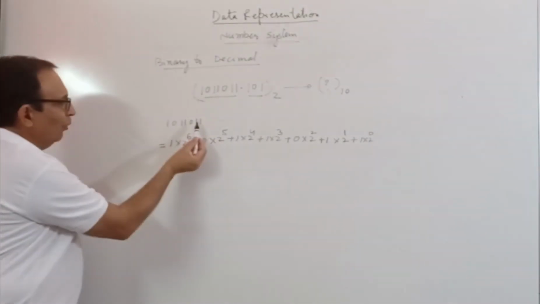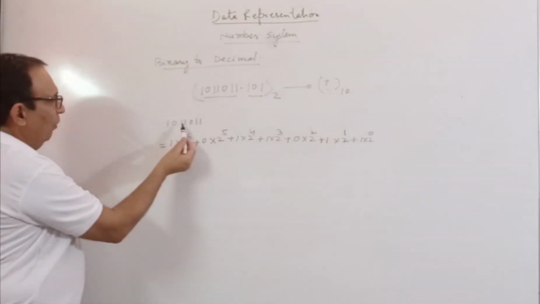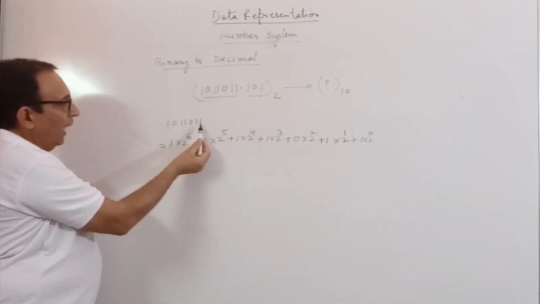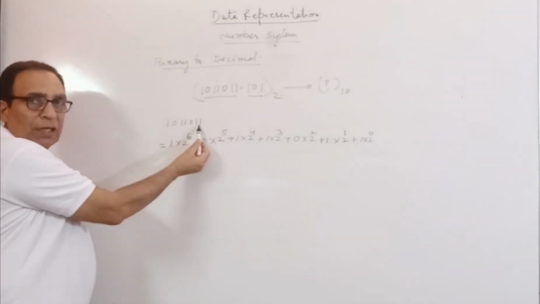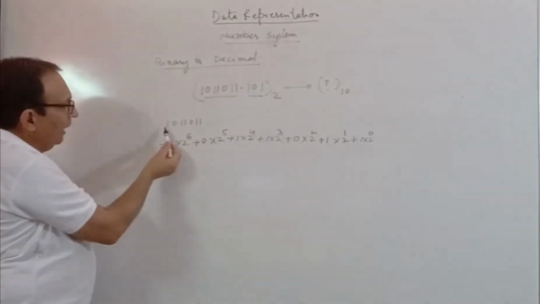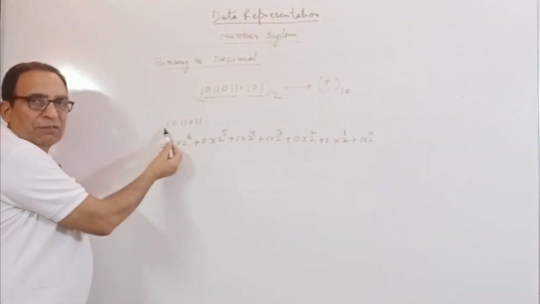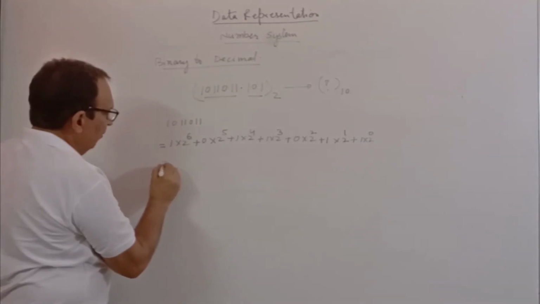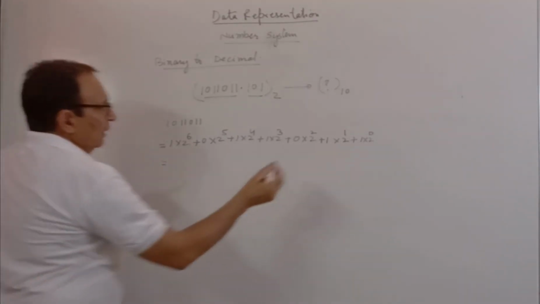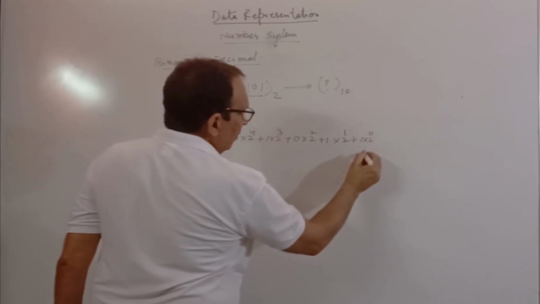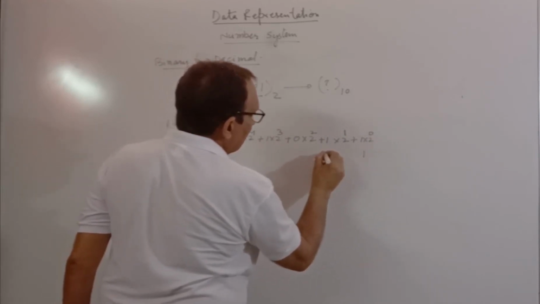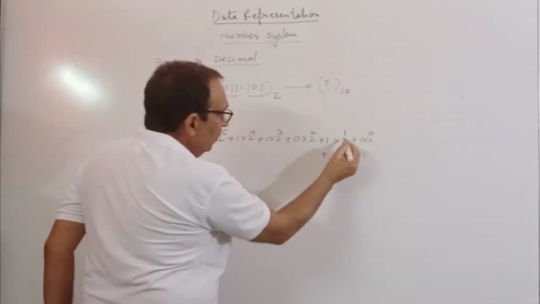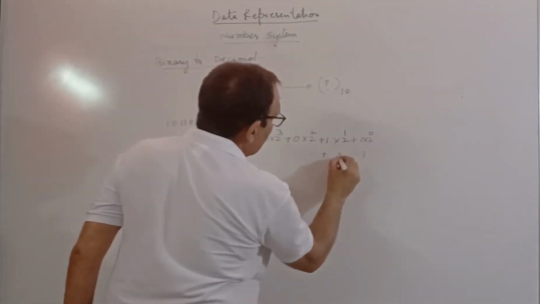What I did here, I counted these digits 1, 2, 3, 4, 5, 6, 7. This is the 7th digit. And the exponent of the first digit, the exponent in position, is 0. So in that case, the exponent position of the 7th digit will be 6. So we have to calculate these numbers together. This is equal to 1. 2 raised to the power 1 is 2, 2 times 1 is 2.